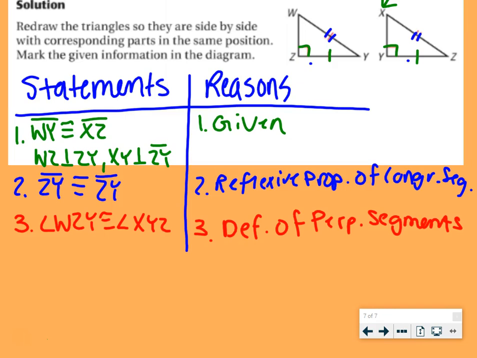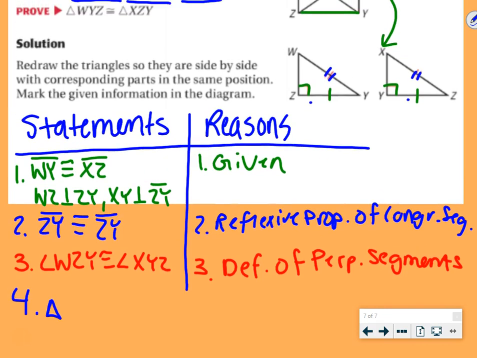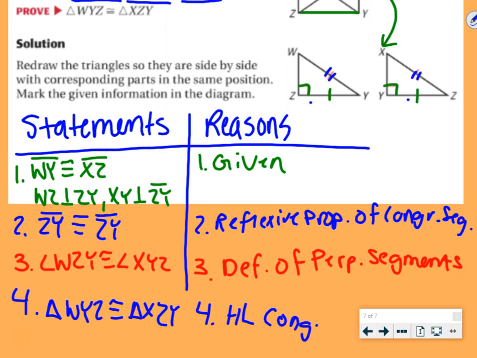If they're both perpendicular, they're both right angles. And then lastly, we can say that the two triangles are congruent. So triangle WYZ is congruent to triangle XZY, and our reason for that is the hypotenuse leg congruence theorem.